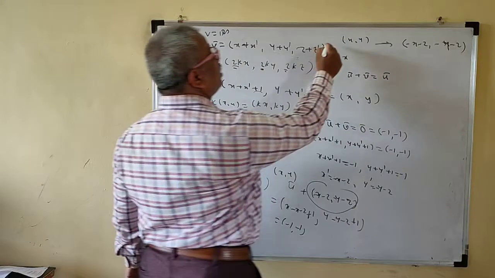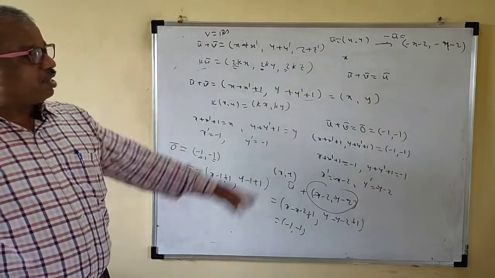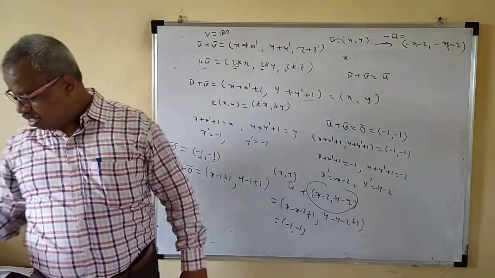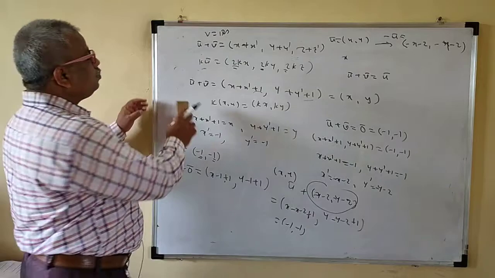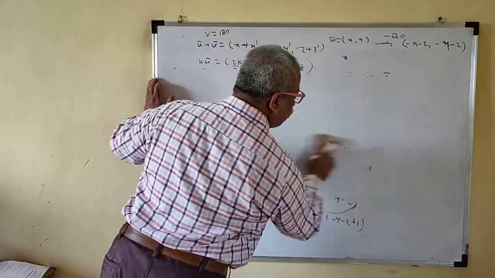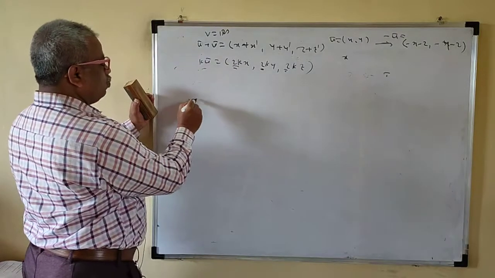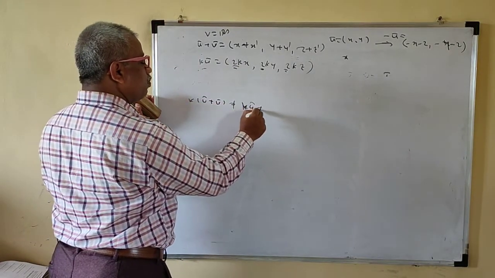That means if this is u bar, then minus u bar is minus x minus 2 for this one. Okay, remember that. Also, this is not a vector space. You can check that. So k times (u bar plus v bar) is not equal to k u bar plus k v bar.